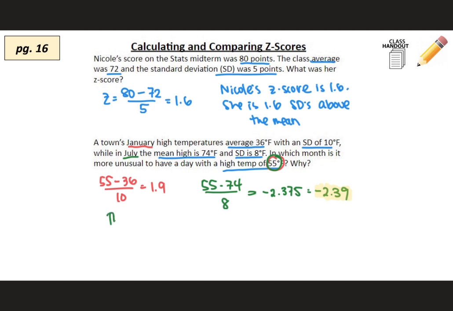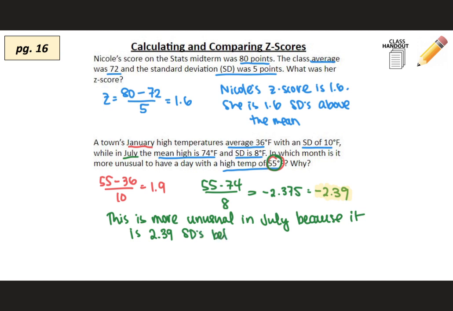So I'm going to say this is more unusual in July, because it is 2.39 standard deviations below the mean, versus in January, it's only 1.9 standard deviations above the mean.